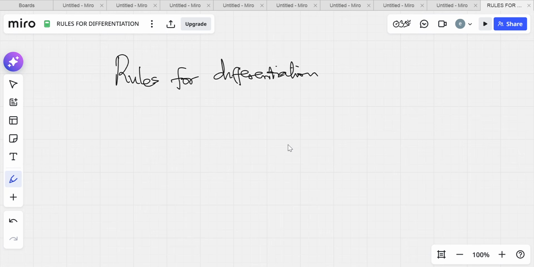Now let's go. Some of the rules for differentiation: we have the sum and difference rule. So let's start with sum and difference.